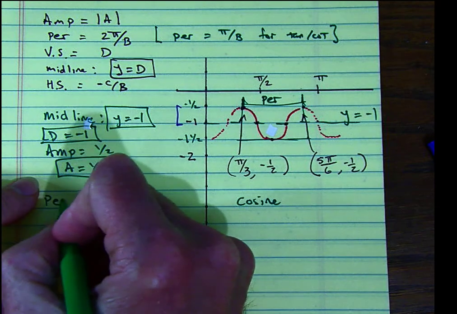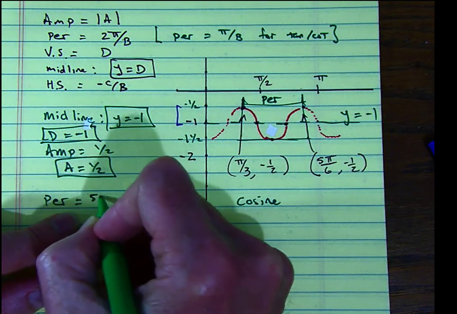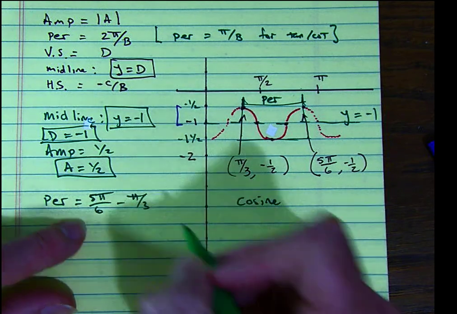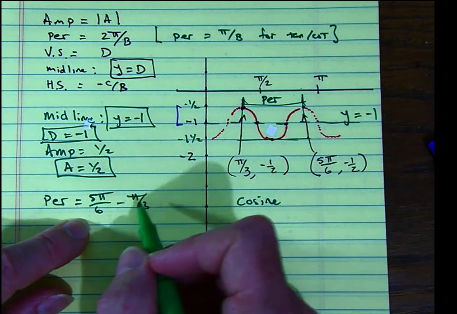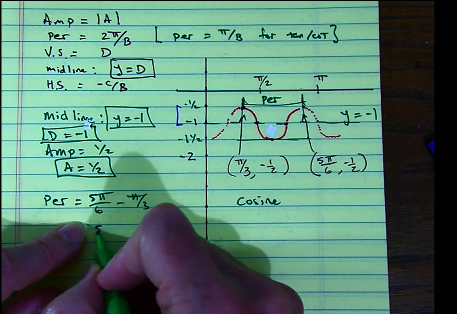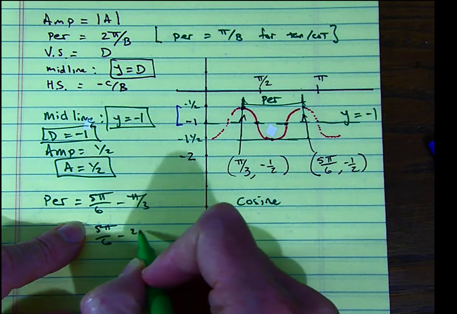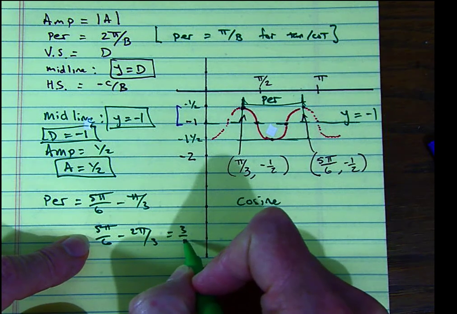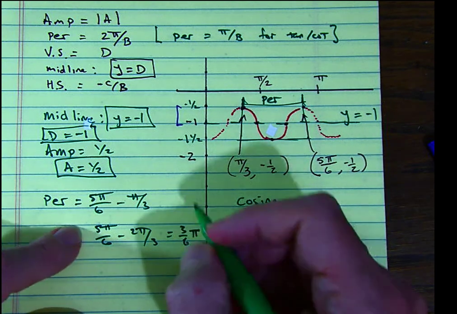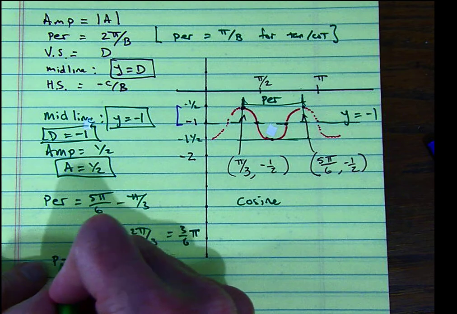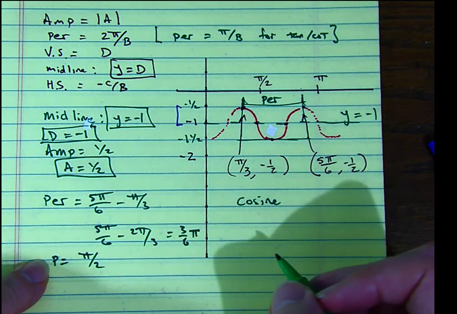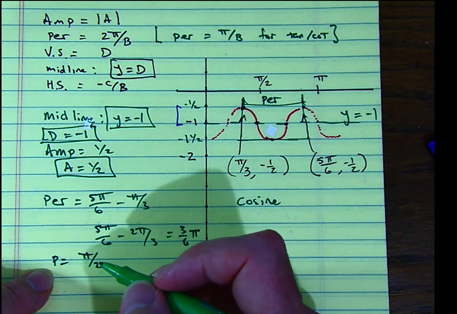So if we're going to find that period, we got to subtract the end, 5 pi sixths, minus pi thirds. Well, that is 2 pi thirds. 5 pi sixths minus 2 pi thirds, which is 3 sixths pi. So the period is pi halves.